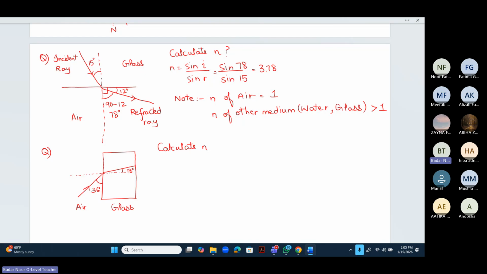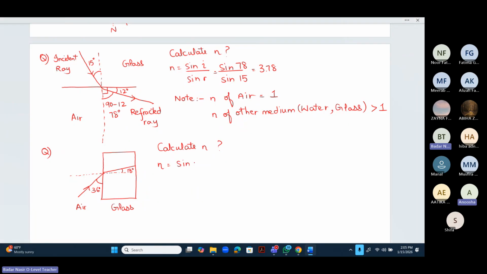If anybody can quickly tell me what the value of I will be and what value we will take for R? Anyone. So we just have to use the 36 for... 36 will be taken as the value of I. So this is your incident ray.